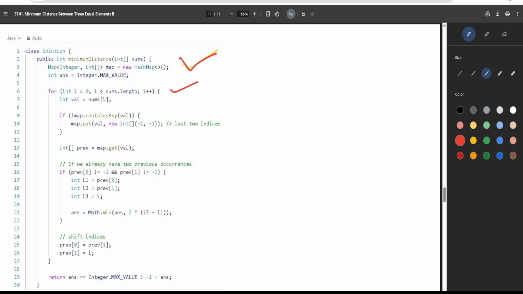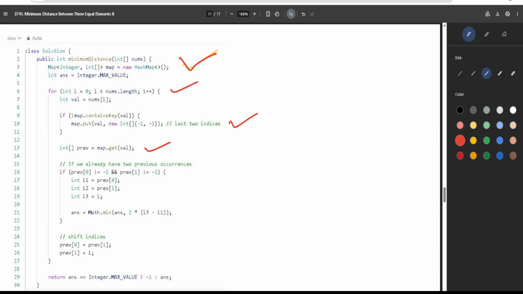If the map doesn't contain the value, we put the value with the last 2 indices as minus 1 each. Otherwise, we find the previous 2 values and check if we already have the 2 previous occurrences, that is, previous is not equal to minus 1. So very first we fill in all these values, and then we check which indices are there, that is i, j and k.